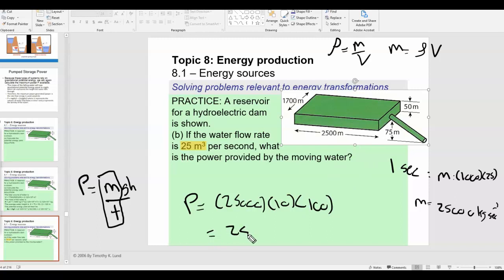So that would be 25, let's see, 1,000, add a 0, add 2 more zeros. Okay, so that would be 25 million watts. Or I guess it'd be easier to write 25 megawatts. All right, so that is part B. Pause it there if you need to look at that some more.